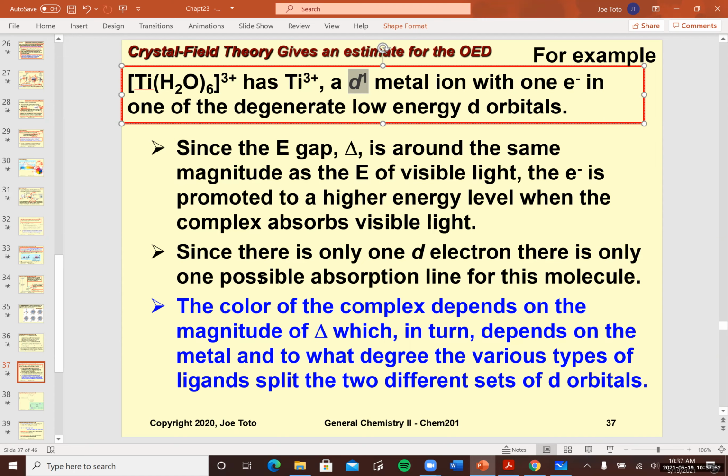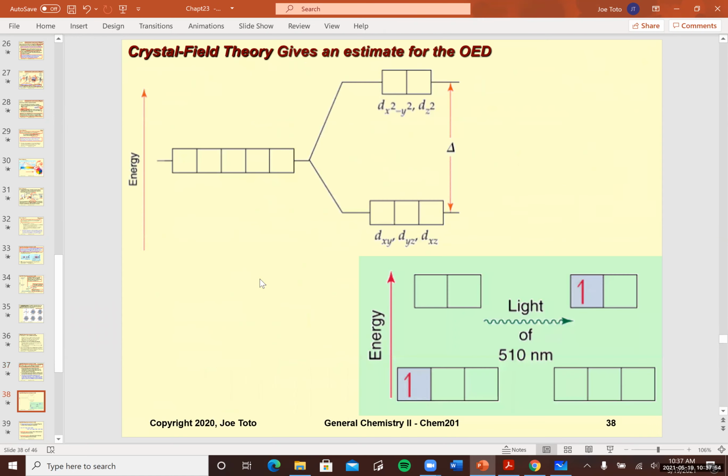And the colors now can be rationalized using the orbital energy diagram that comes from crystal field theory. Okay, again, crystal field theory says the d orbitals are not the same in energy. They're not degenerate. That's another term used for same energies for all the orbitals. But that degeneracy is split.